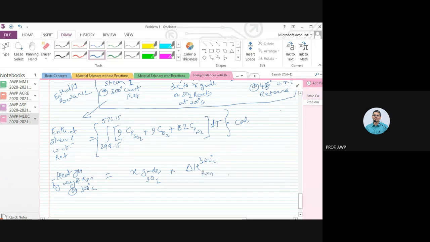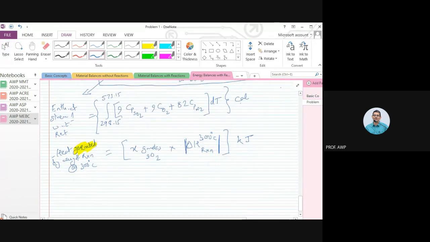This is in kilojoules per gram mole, so this will be in kilojoules, taking the modulus, because the negative sign is only indicating the word generated. If I'm talking about generation, I don't need the negative sign here. Do you agree with that? If I multiply by 4.18 divided by 1000, this would be in terms of kilojoules now.